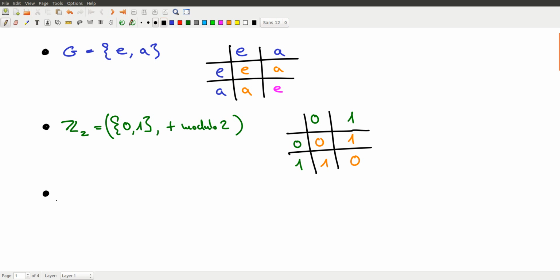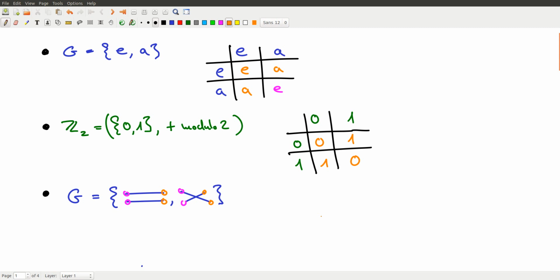Here's another way to write down this group. Let's say the group elements are these diagrams here. Diagrams that connect 2 points on the left, 2 points on the right. Same here.